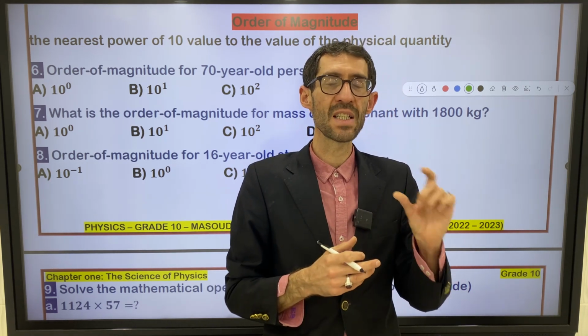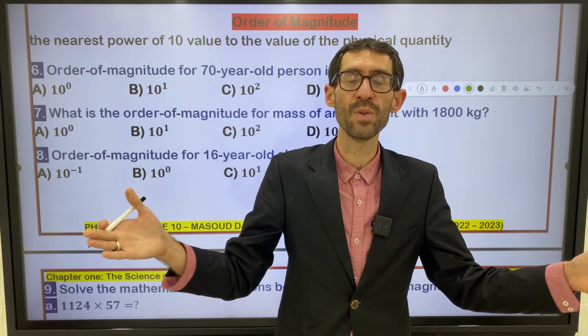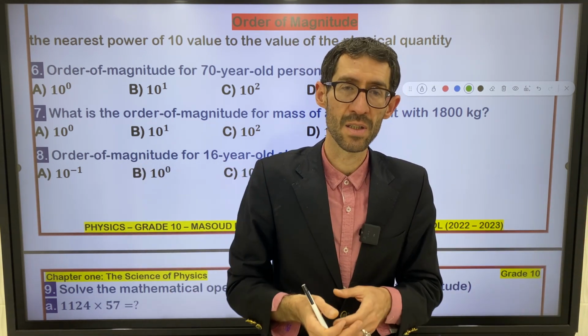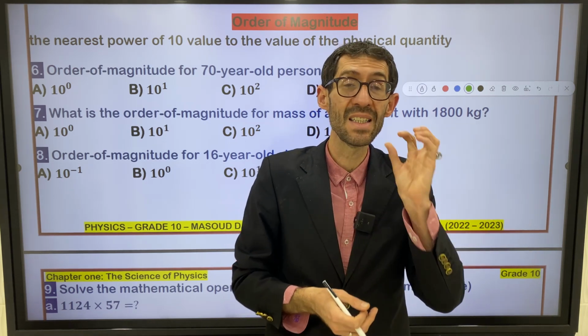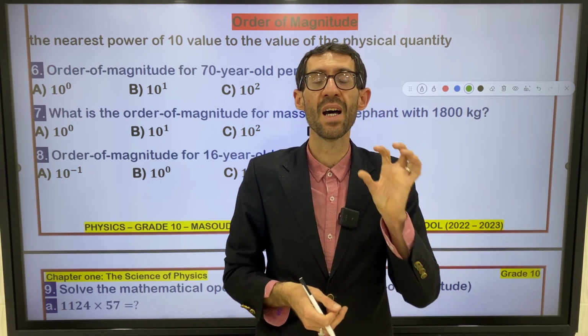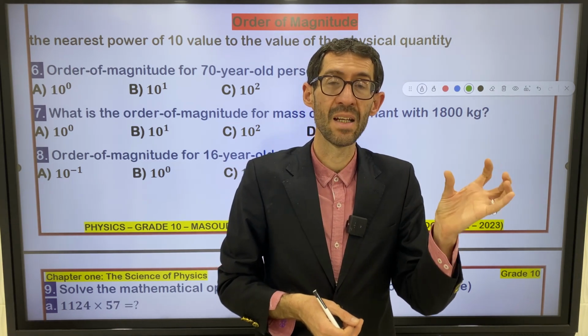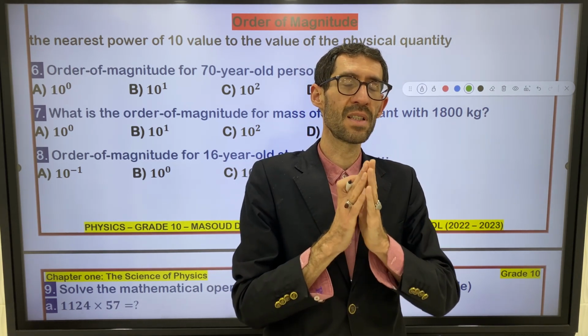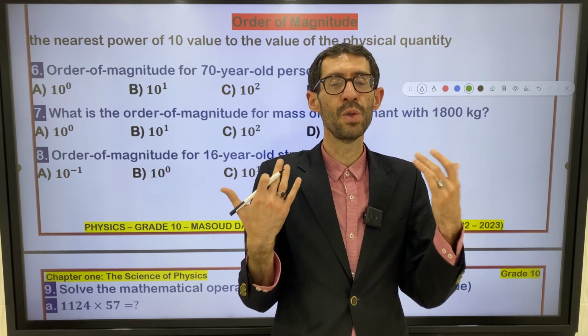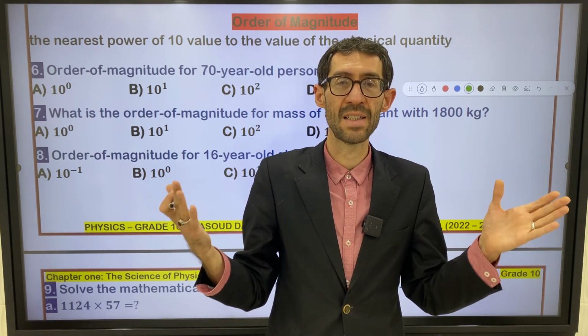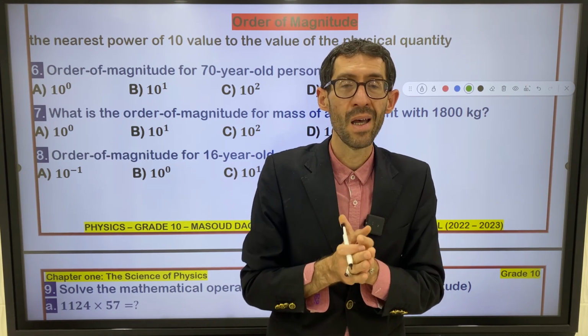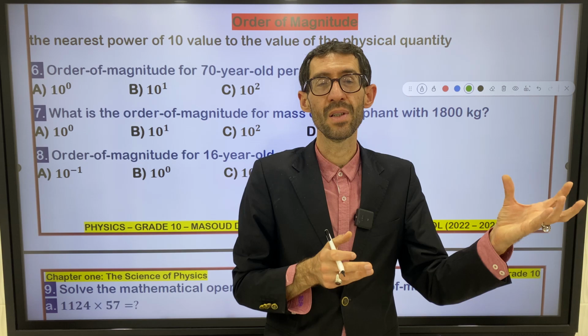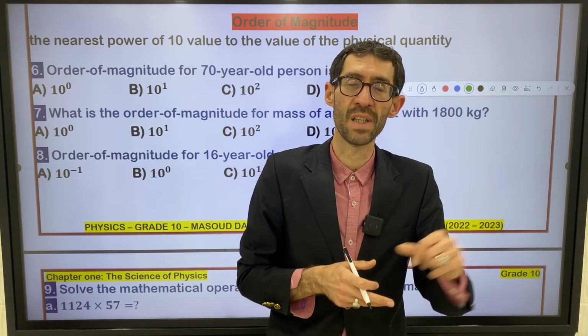You can say approximately the length of the playground is 100 meters or 10 to the power 2. So I say 10 to the power 2. I focus on power of 10 instead of saying the length of the playground at the school is 92 meters. I round it to the nearest power of 10.